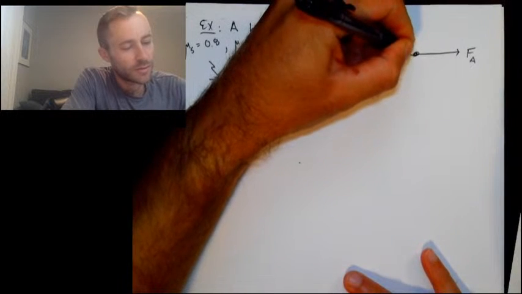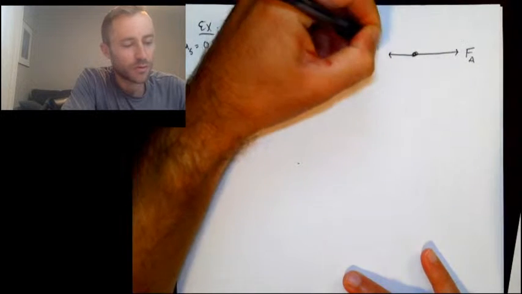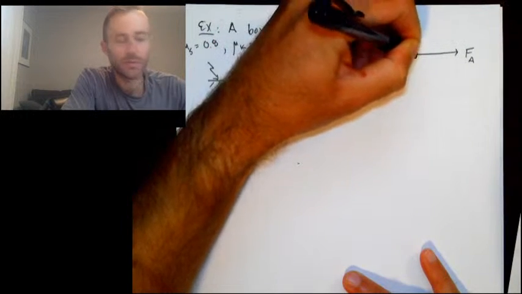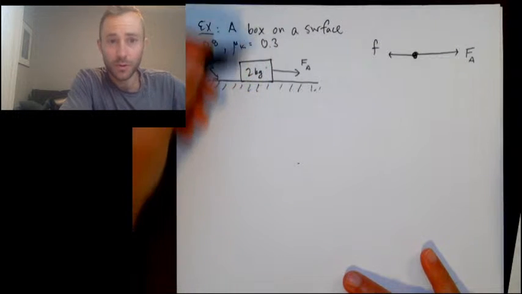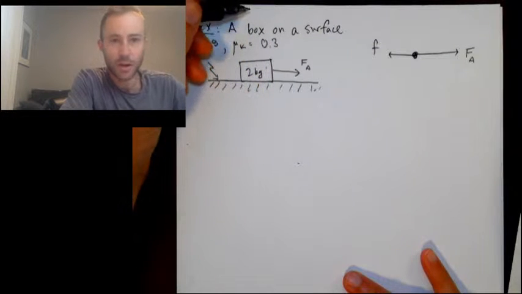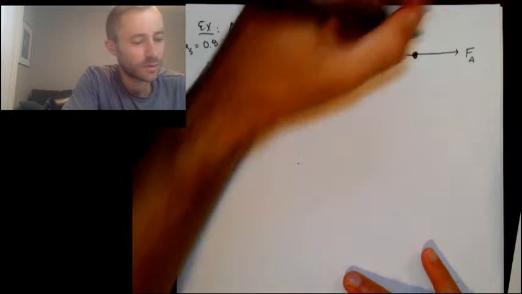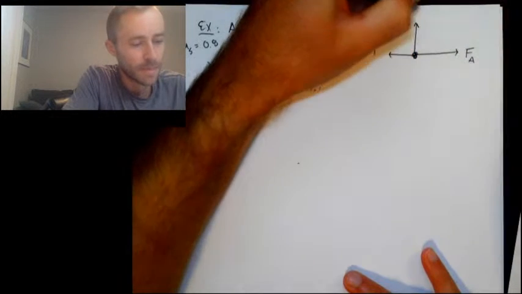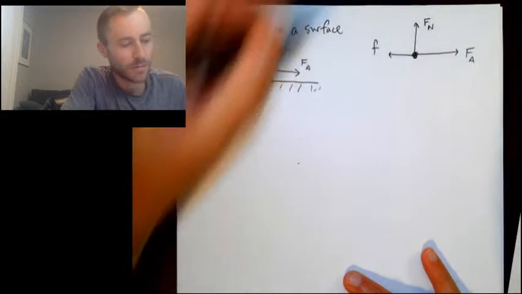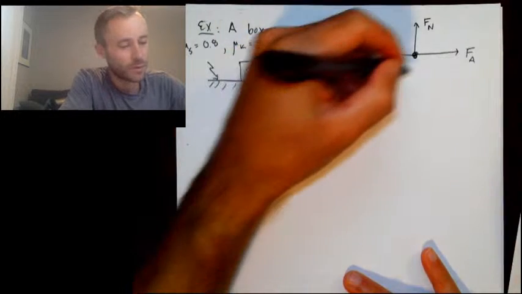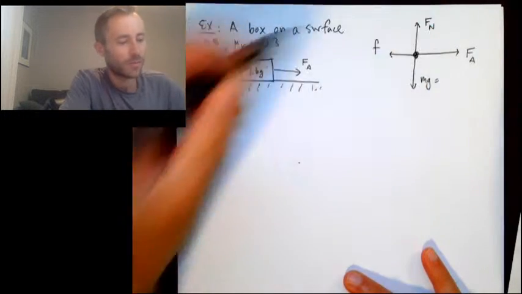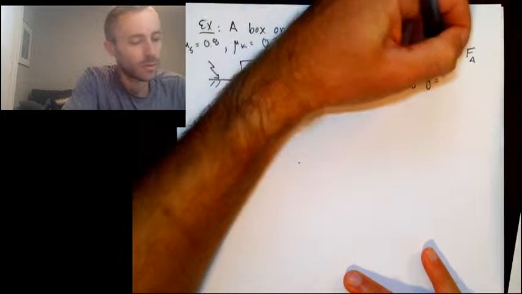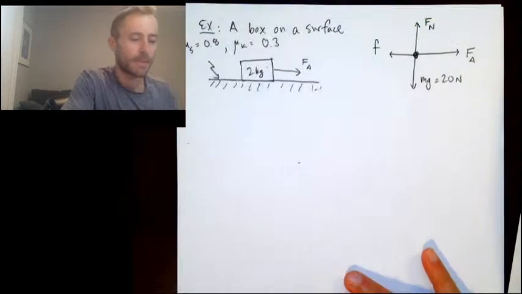There is the friction force, which goes to the left. There is the normal force, which pushes upward on the block and keeps it from falling through the floor. And then there is the weight force, which is mass times gravity. So that would be 2 times 10 or 20 newtons.